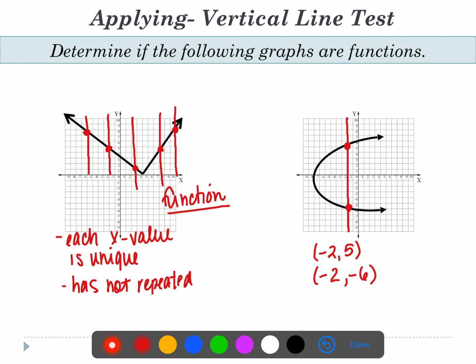So we see that that one x value has gone to 2 different y's. So this is not a function. When it's not a function, we state a relation. Okay, so that is your video lesson for relations, functions, and one-to-one.